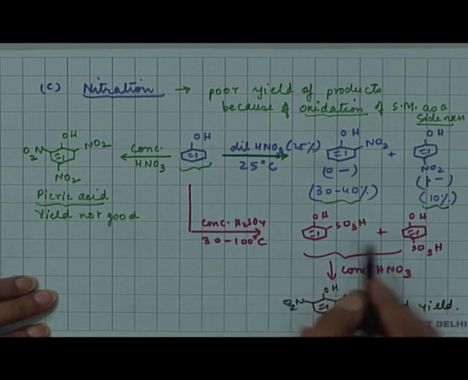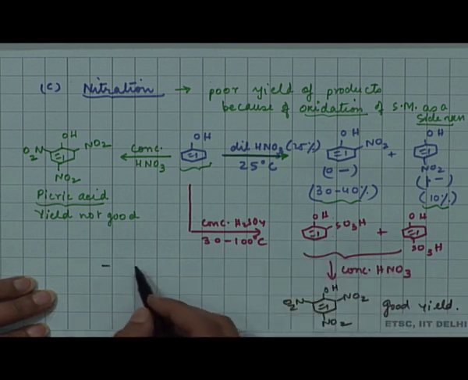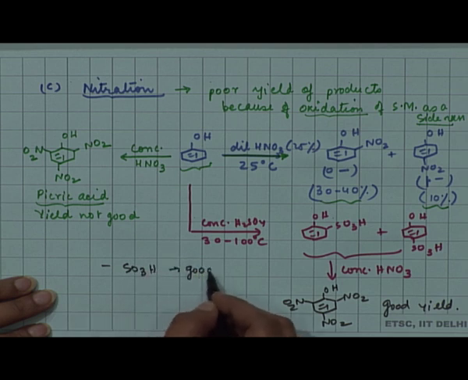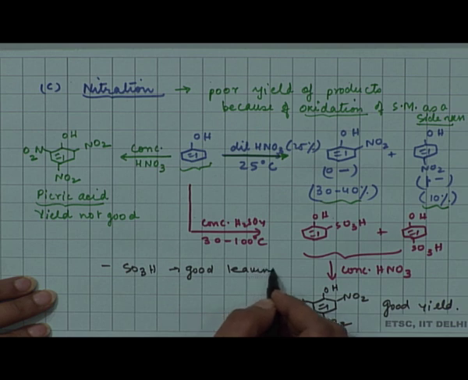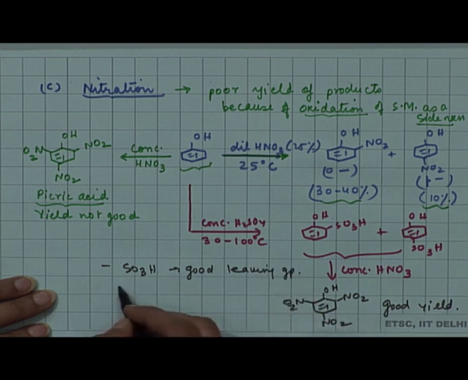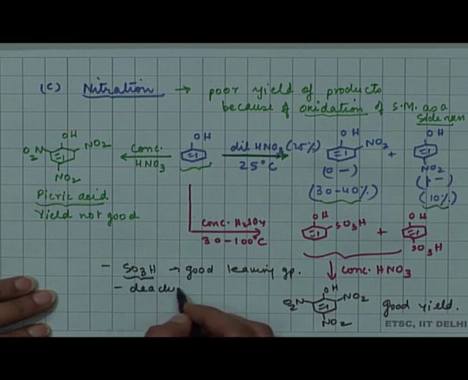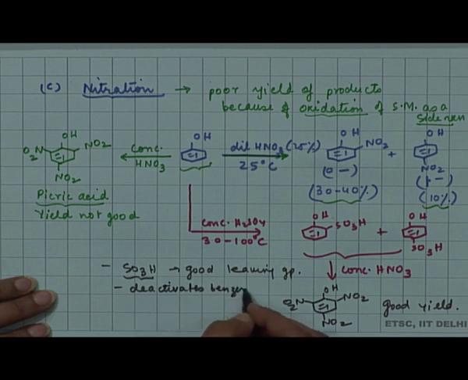So, you first convert it into the sulfonic acid derivative, and the sulfonic acid, it is a good leaving group. Okay. So, it facilitates the reaction. Okay. And the second thing is that because it is present, it deactivates the benzene, prevents it from oxidation. Okay. It deactivates the benzene nucleus and prevents its oxidation, which was happening because of this OH group, right.